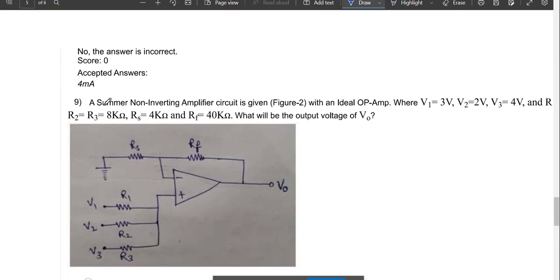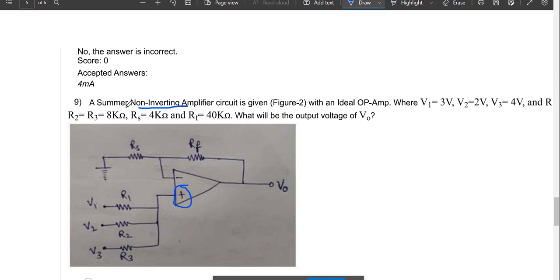Now a summer non-inverting amplifier circuit is given. Why is it a non-inverting amplifier? Input is connected to the positive terminal. Yes, very good.